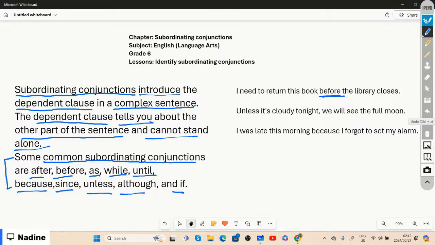All right, the next one says, unless it's cloudy tonight, we will see the full moon. So we need to identify our subordinating conjunction within that sentence.